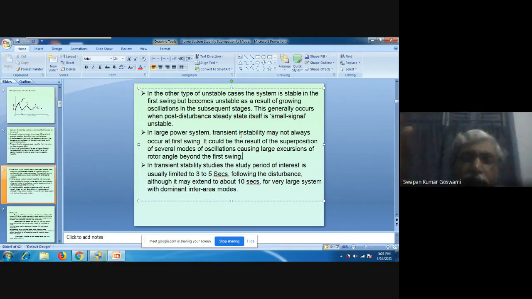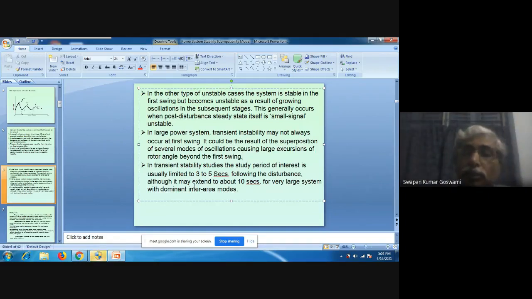There may be different types of swing. Okay, there are large transmission lines through which large power is flowing, but it's an interconnected power system. It may so happen that generators at one end are swinging with respect to generators connected at the other end of the transmission line.